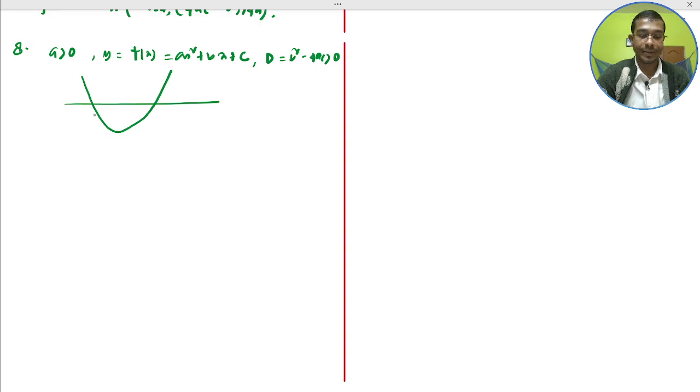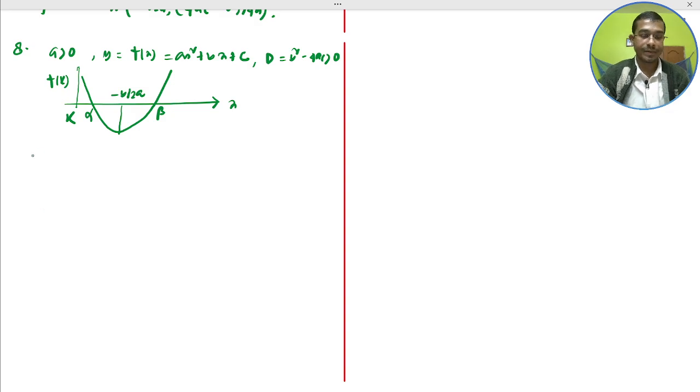This is the cutting point, alpha and beta the two roots, and this is minus b by 2a, and suppose this is k and this is f(k).